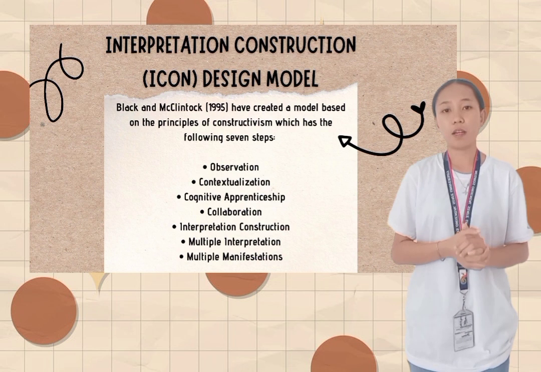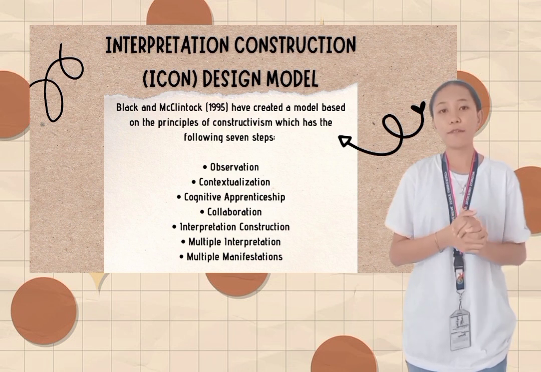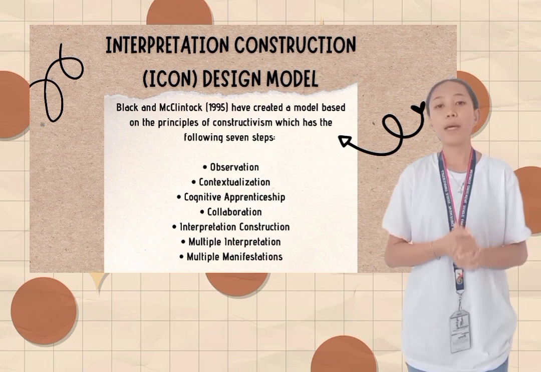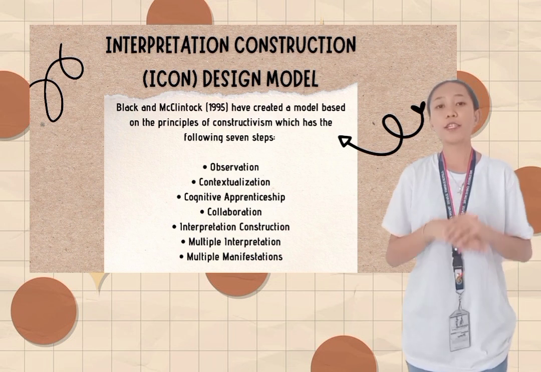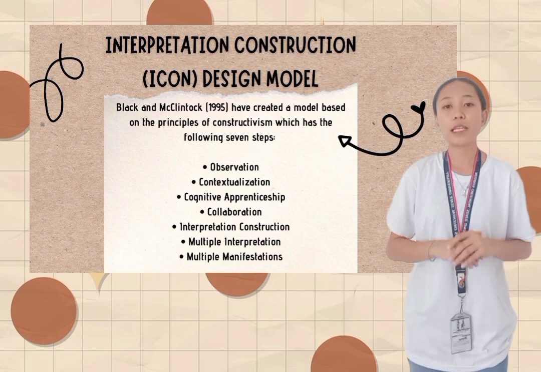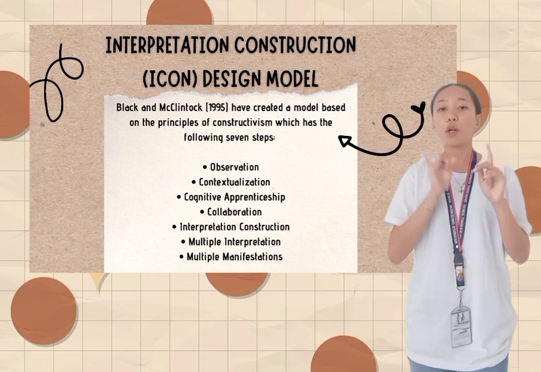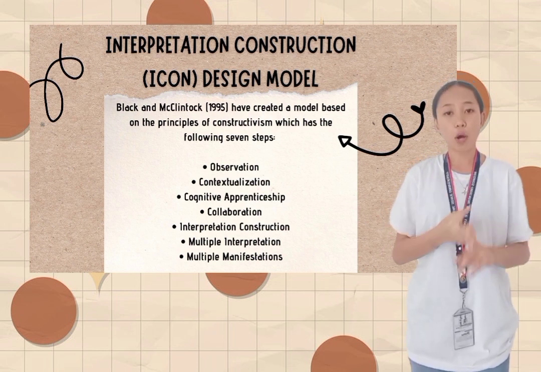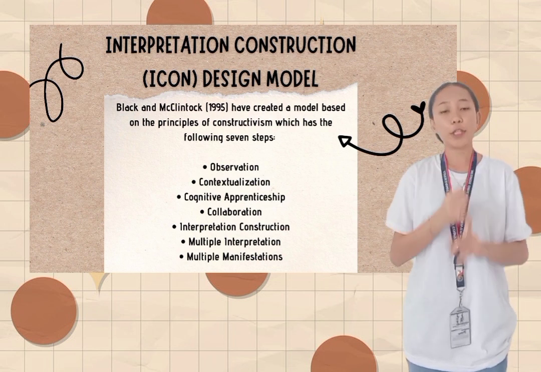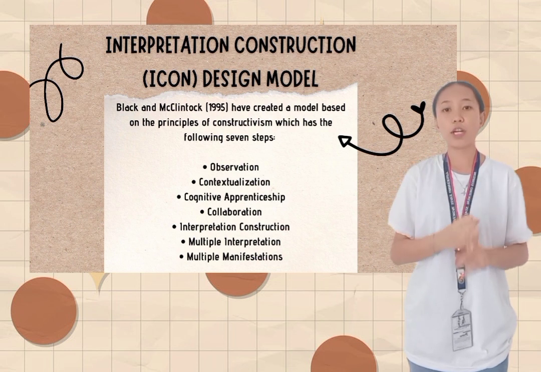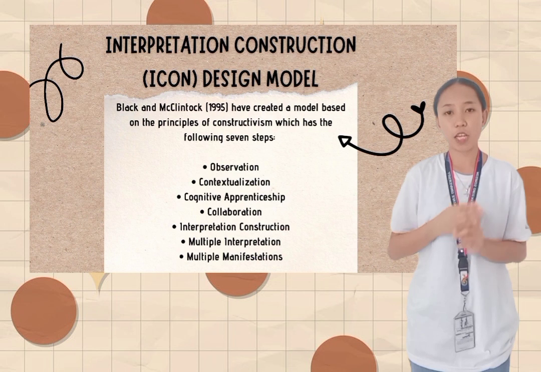Black and McClintock of 1995 created a model based on the principles of constructivism which has the following 7 steps. These are observation, contextualization, cognitive apprenticeship, collaboration, interpretation construction, multiple interpretations, and multiple manifestations.